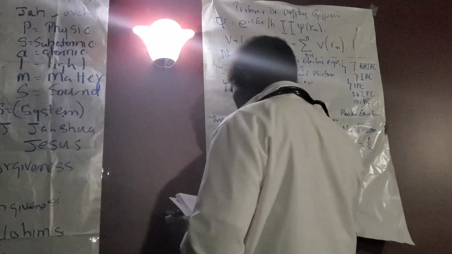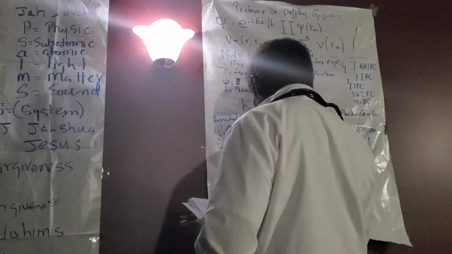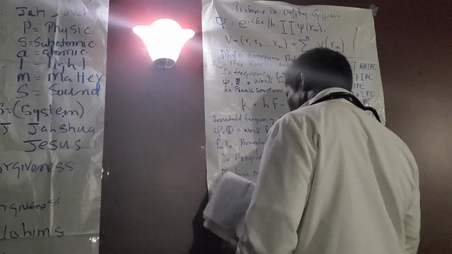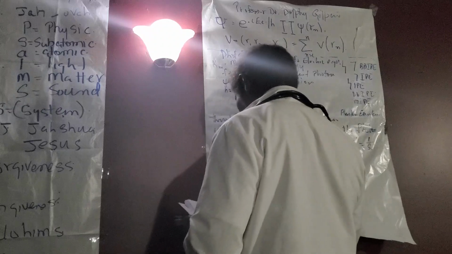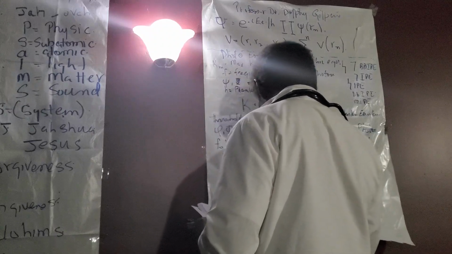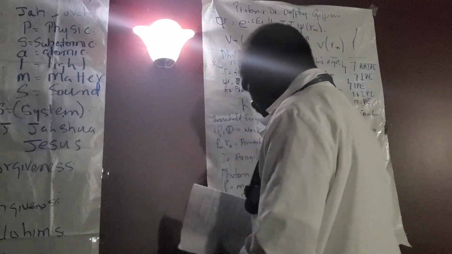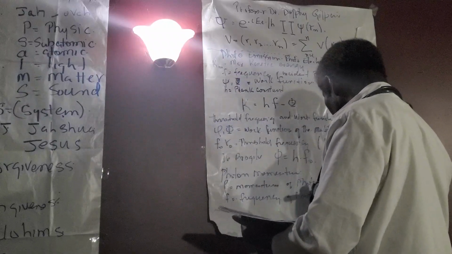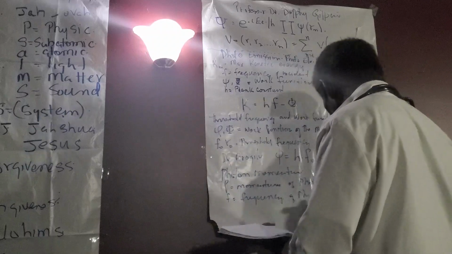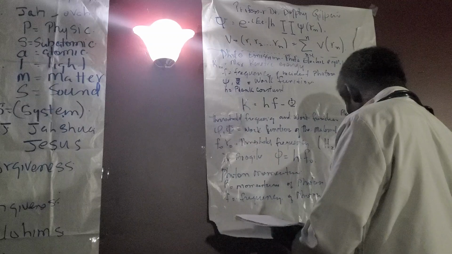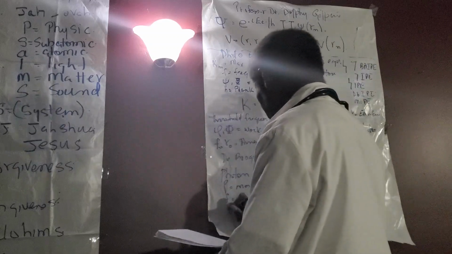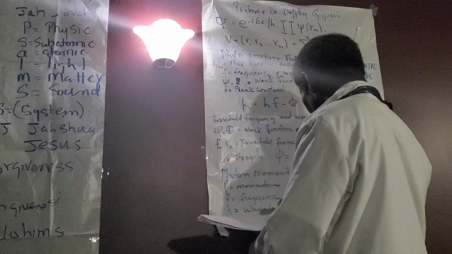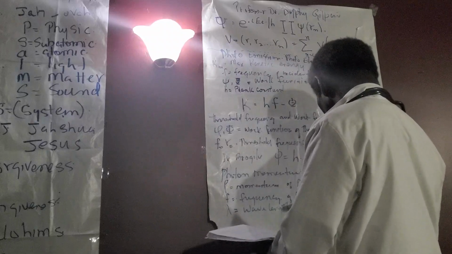And we know that rho is equal to momentum of photon, and f is equal to frequency of photon, and lambda is equal to the wavelength of the photon.